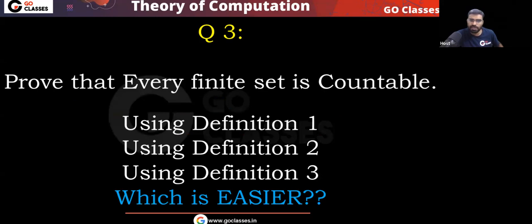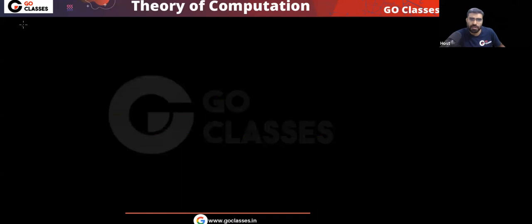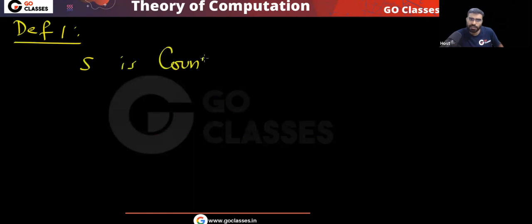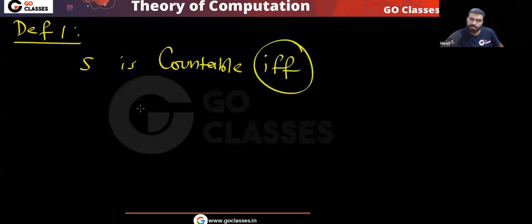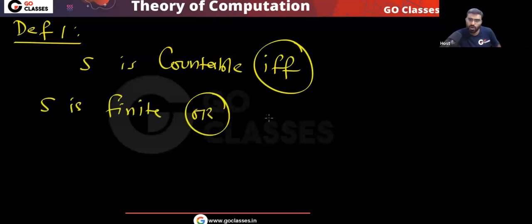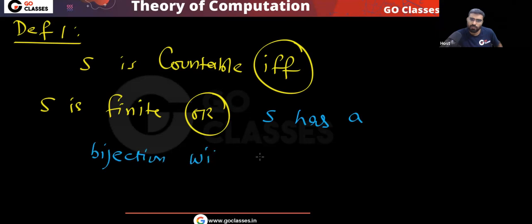Definition 1 contains this condition, finite set. Yes or no? If you notice, definition 1 says that S is countable if and only if S is finite, or S has a bijection with natural numbers.